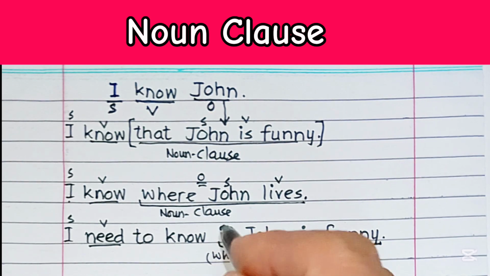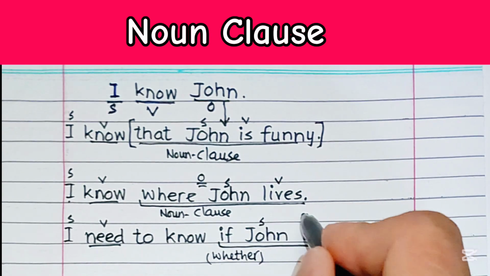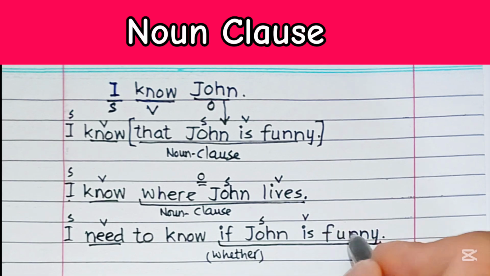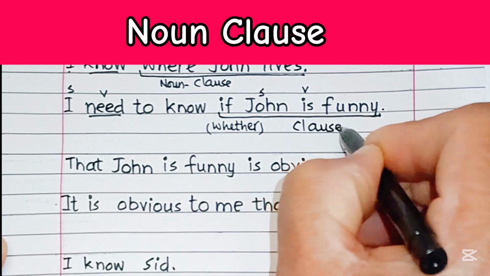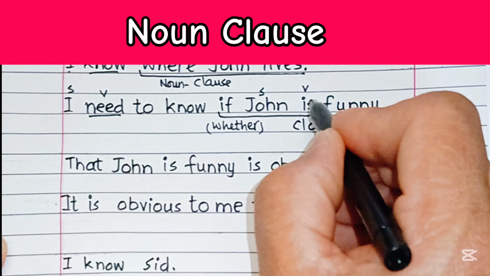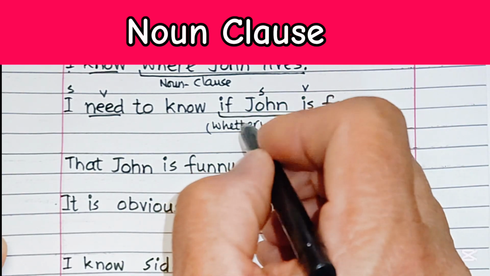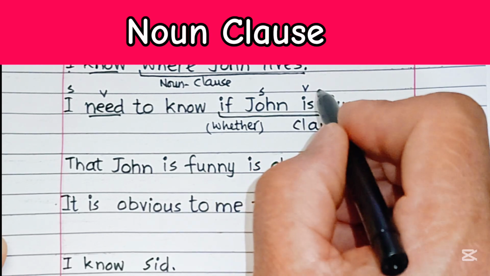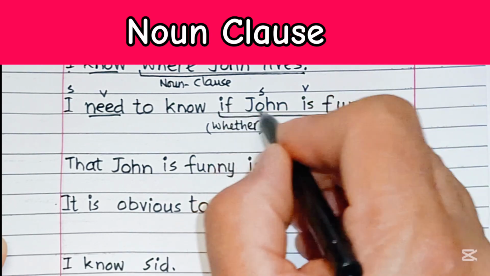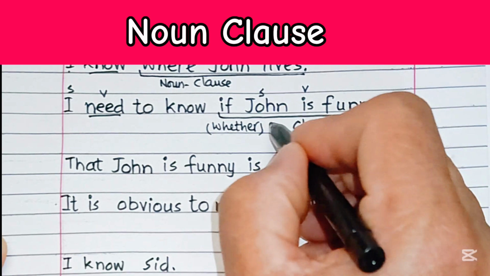So, I need to know if John is funny. It is actually a clause because it has a subject and a verb. So it starts with if or whether, and then it has this subject and this verb inside it, and this is replacing a noun, so it's a noun clause.